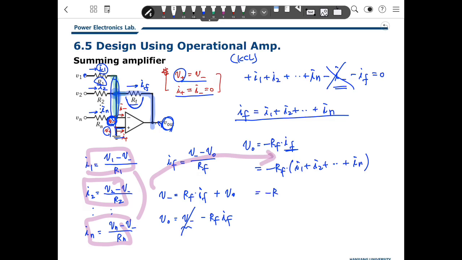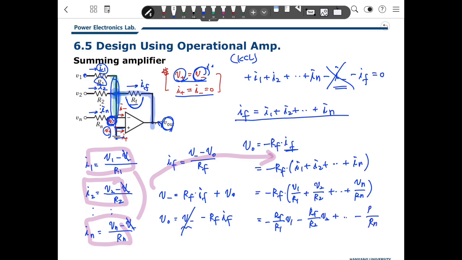Then we add these current equations here. Then there will be minus RF. Oh, okay, we need to check it, because I plus is 0, so I minus is 0. Then R1 V1 plus R2 V2 plus Rn Vn. So we can write minus RF over R1 V1 minus RF over R2 V2 minus RF over Rn Vn.